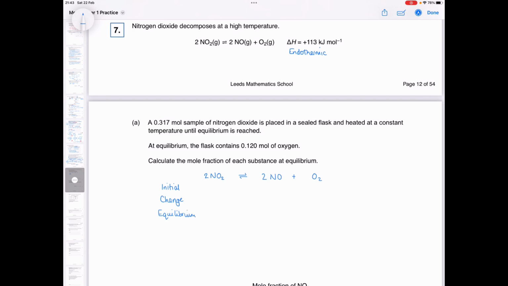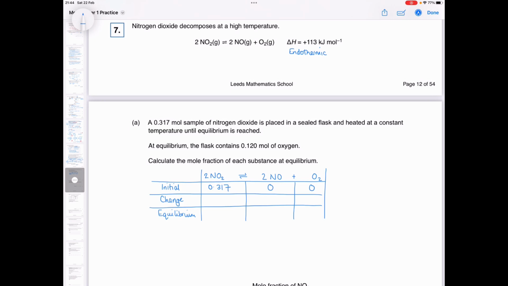So let's add some lines just to help us a little bit with this. Okay, so initially we've got 0.317 moles of nitrogen dioxide, and we've no NO and no O2.